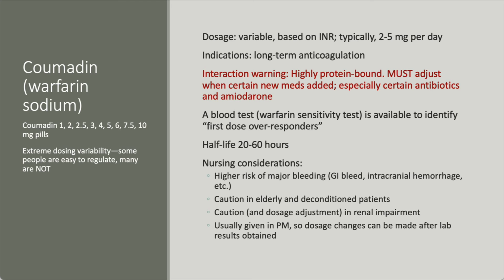We use it if we're really worried about that, but I would say maybe 5% of patients who get started on warfarin are hyper responders. And what that means is after their first dose of warfarin, their INR is 3, and we don't want it there. We want it to go up gradually.